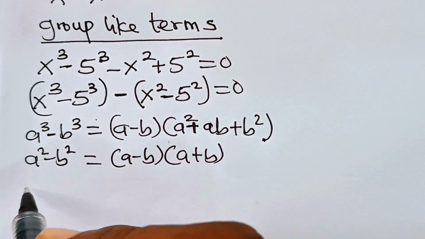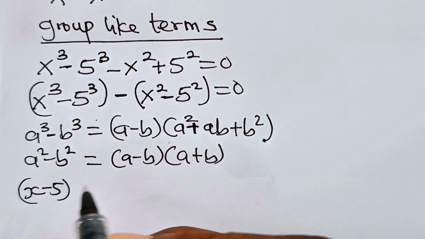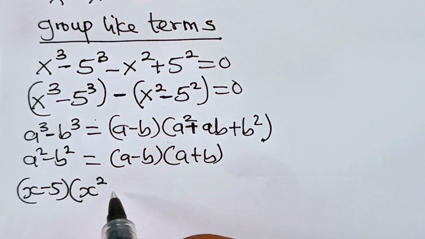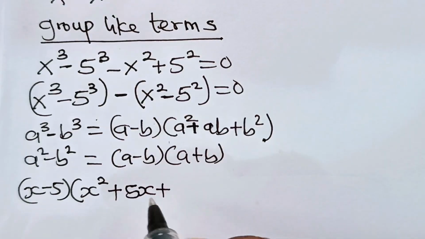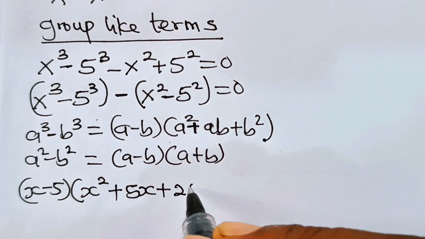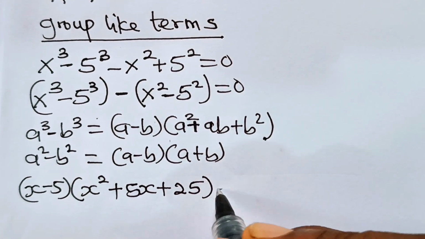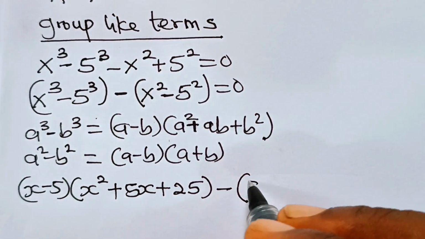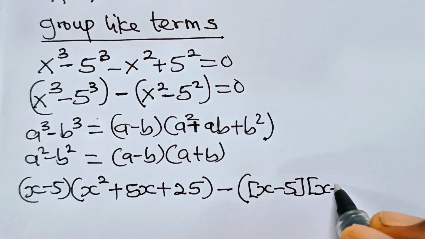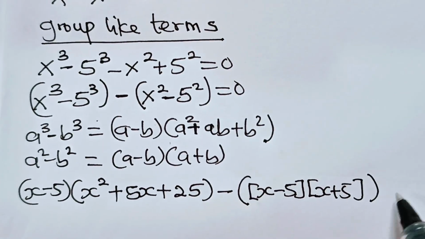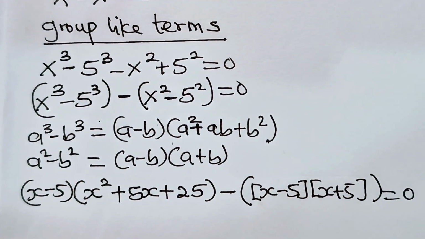We are going to have x minus 5 multiplied by x squared plus 5 times x, which is 5x, plus 5 squared, which is 25. Okay, then minus this will give us x minus 5 into x plus 5, and this is equal to 0.